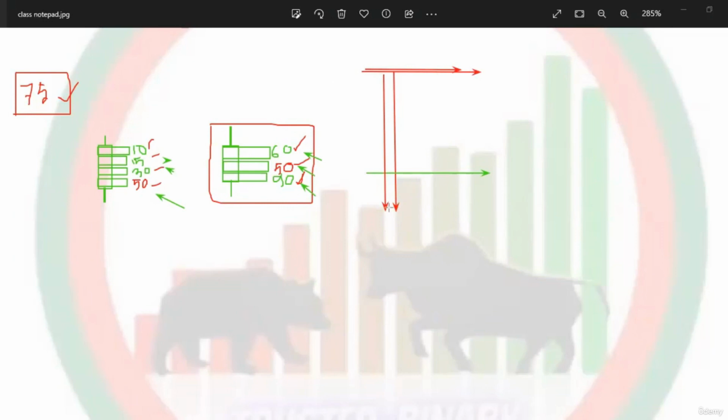Suppose this is a bullish candlestick now, and another bullish candlestick here. So now in this candlestick, volume is a little higher here, like this one, as a 90 or 100.